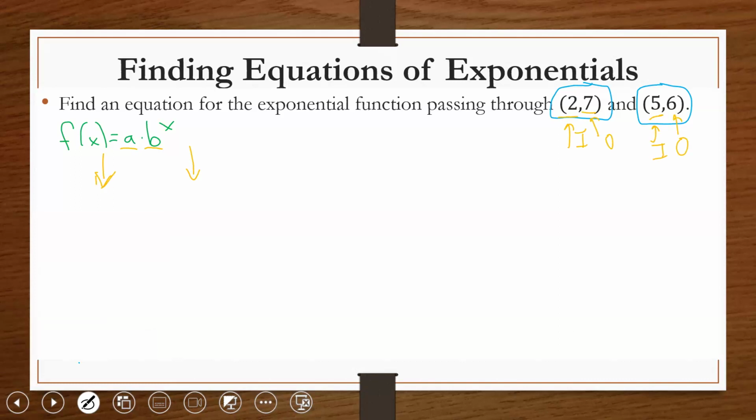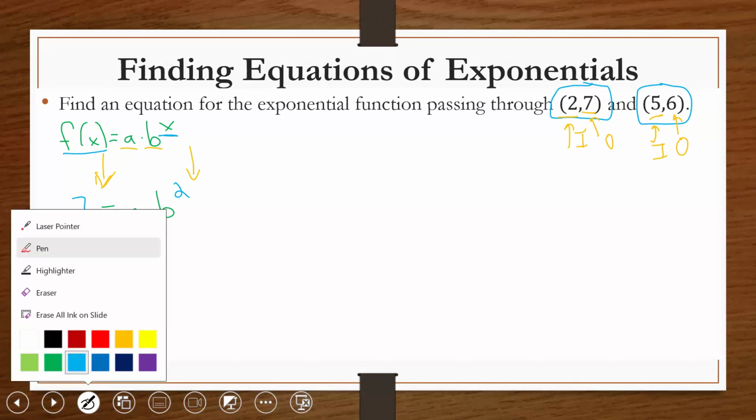So for example, in this formula f of x equals a times b to the x, x is our input variable, and f of x represents our output value. So for the point (2, 7), in this form, we would input 2 in the place of the x up here, and then we would replace f of x with 7, since that's the output value.